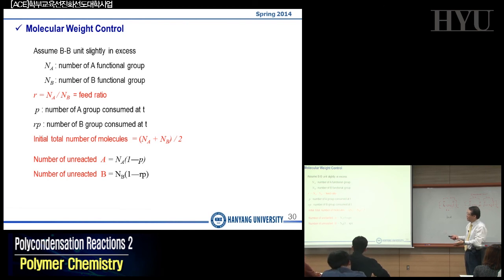We know that P is the number of A functional groups that have already been consumed at a given time t.